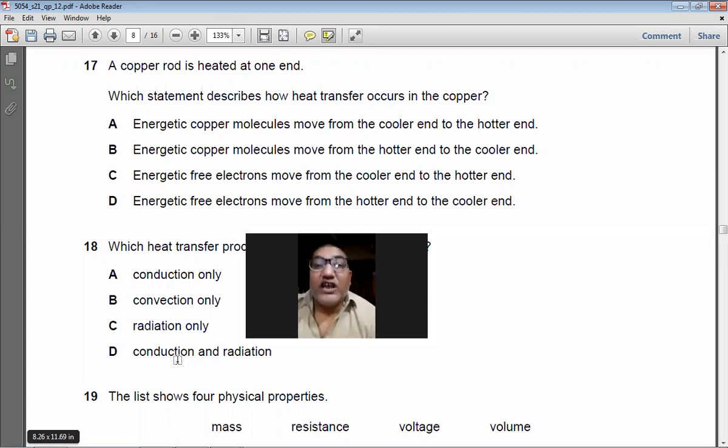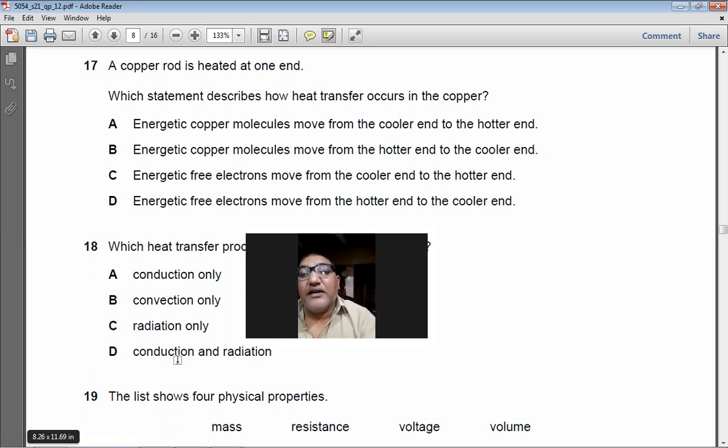So they transfer the energy from one molecule to the next, to the next by their vibrations. So they remain in their place, but the amplitude of their vibration increases. So they make their neighbors vibrate vigorously. So by the vibration of the molecules, the energy is transferred from the hot end to the cold end.